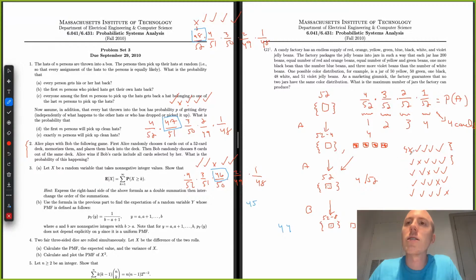Intuitively, does that make sense though? Which one of these is most likely? It's actually not clear which one would be most likely. Is this one most likely, or is this one most likely to get all the 4 cards out of the way first?